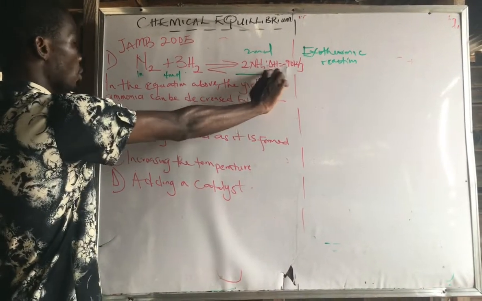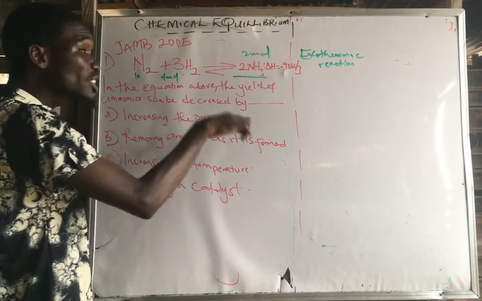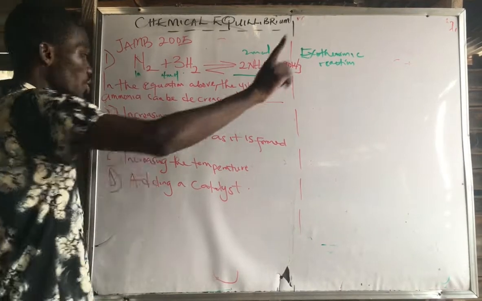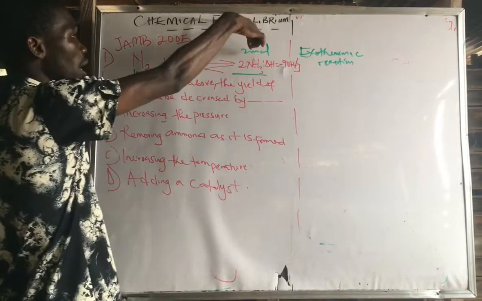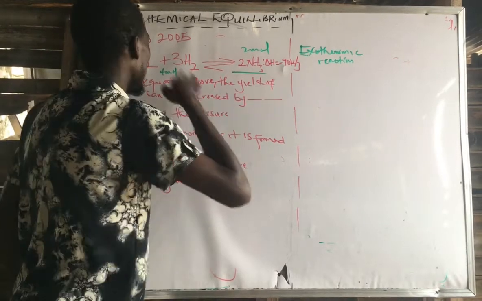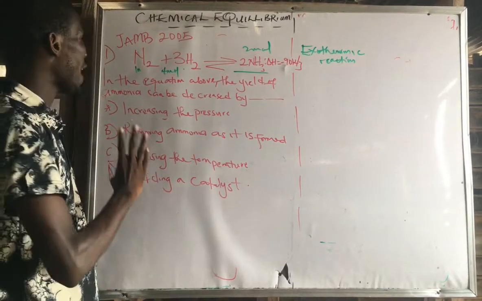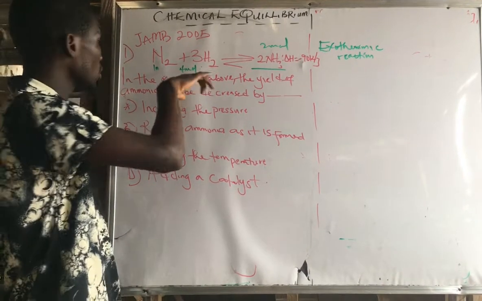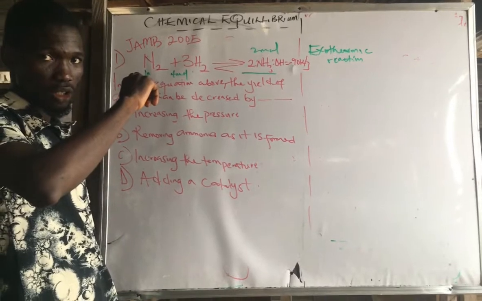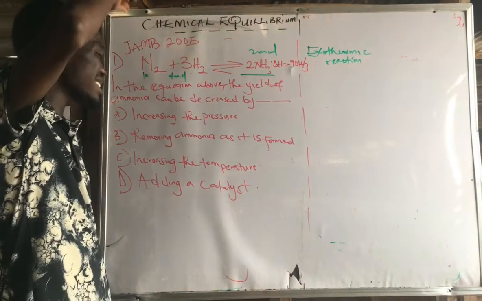The yield of ammonia can be decreased by increasing the pressure. Why? Because the number of moles at the right hand side is 2, while at the left it is 1 plus 3, which is 4 moles.